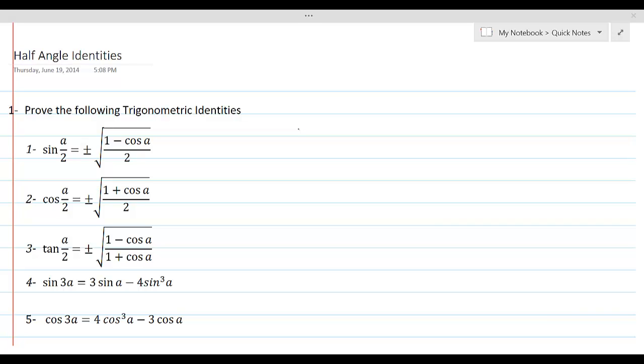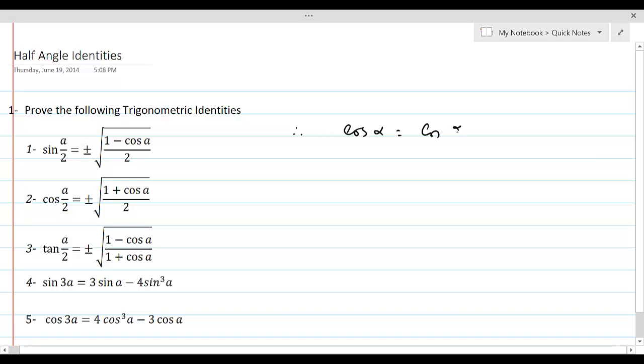Now consider cos α. Since cos α is equal to cos(α/2 + α/2), so 1/2 of α plus 1/2 of α makes α.